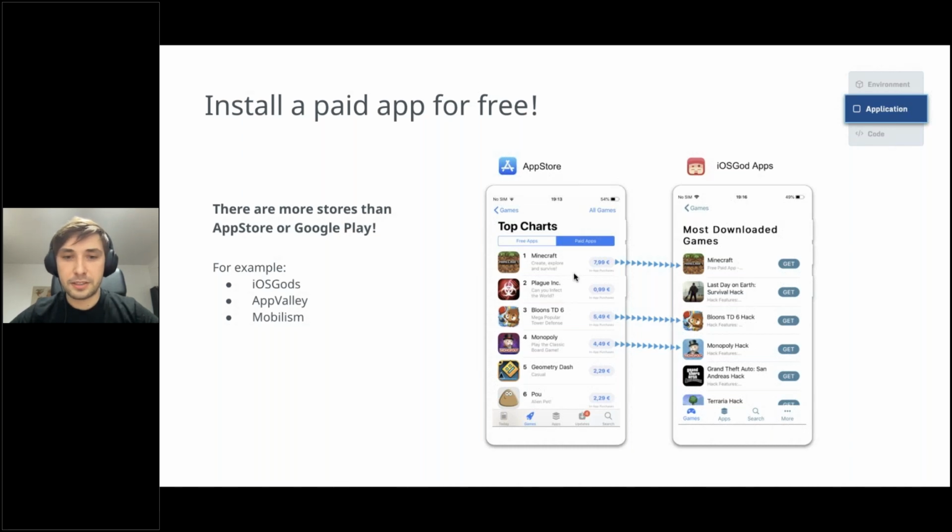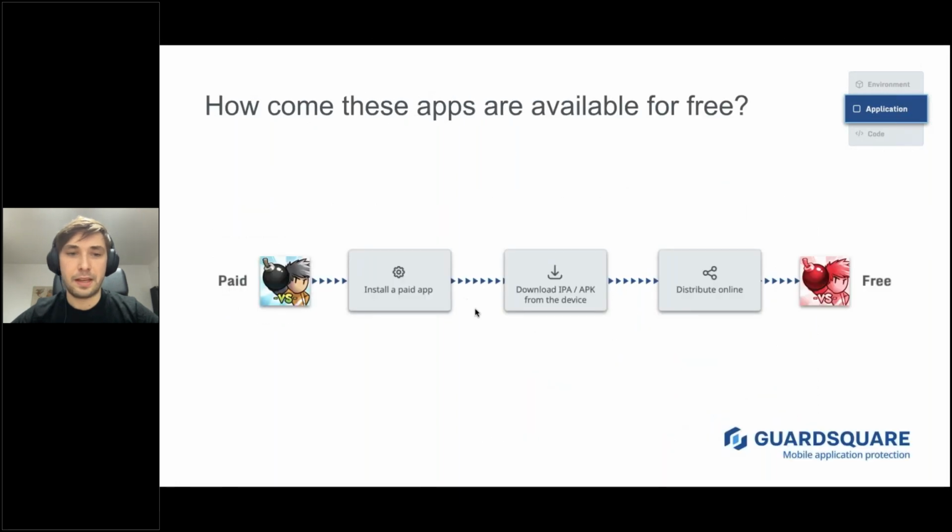You can see that in the App Store, we normally would have to pay €8 for Minecraft, but if we download it from iOS Got Apps, we can get it for free. And it's actually quite easy to do.